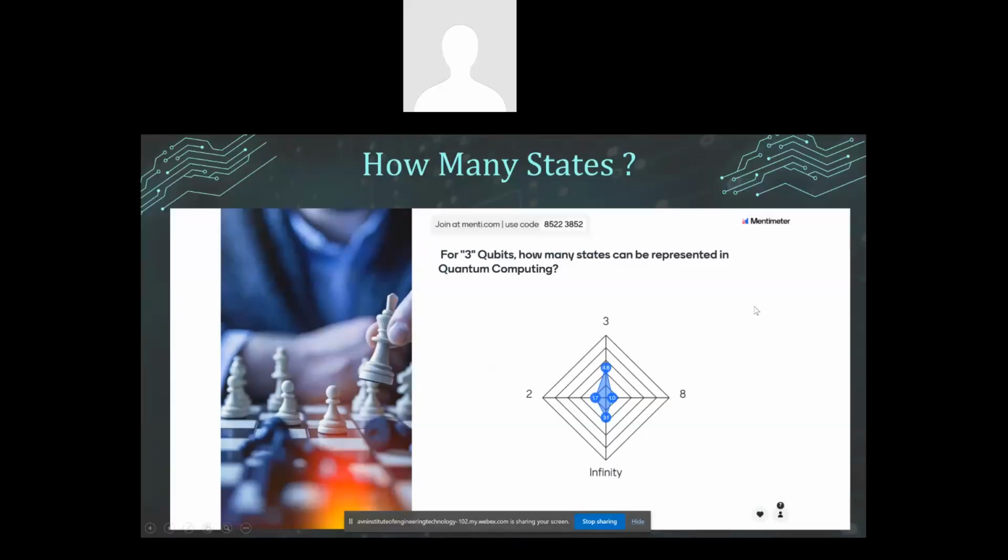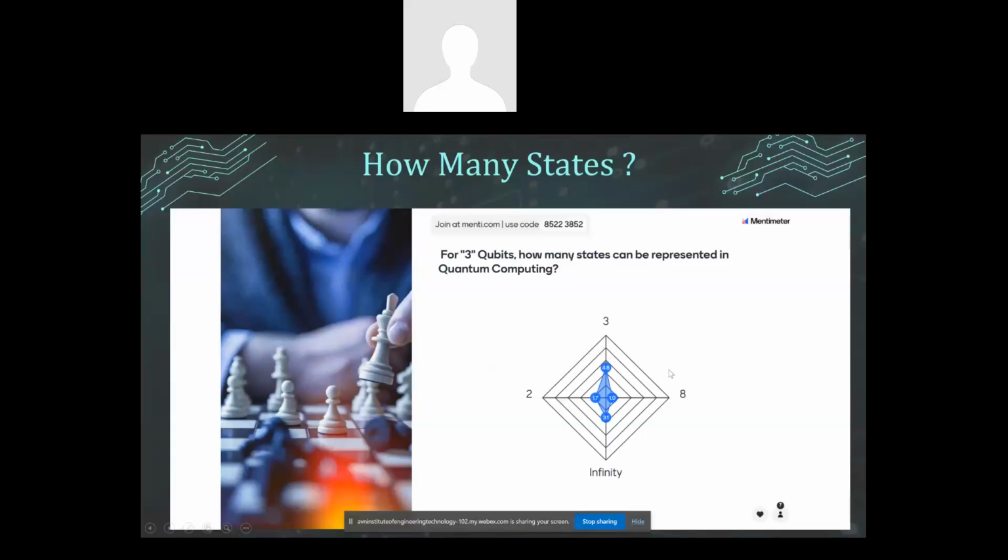So that is the difference. Number of states-wise there is no difference. At a given point in time, how many states it can exist in, that is the difference between quantum and classical computing. So for both classical bits and qubits, for a given three bits, it will be 8 states only.